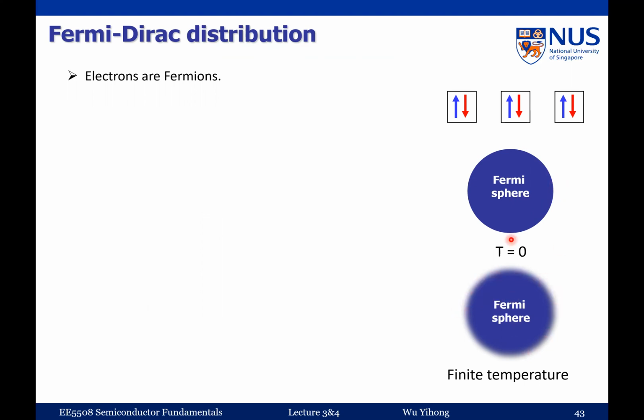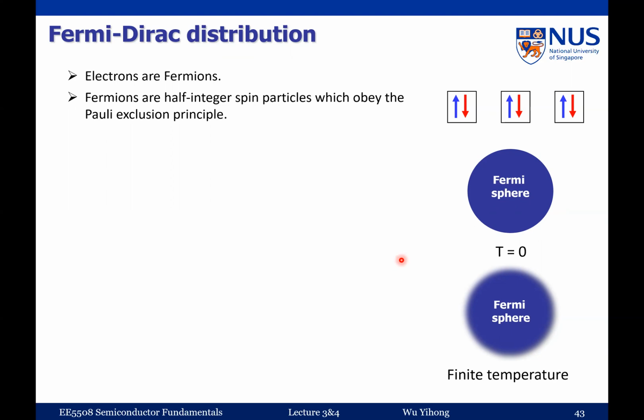And as I said, we are only interested in electrons near the Fermi surface, because they determine the properties of the electrons inside the solids. However, without electrons deep in the Fermi sea, you won't have electrons at the Fermi surface either, right? So that's why all the electrons in the Fermi sea are still very, very important. And at finite temperature, you can see that the probability for an electron to occupy the states below the Fermi surface is not unity, not 1.